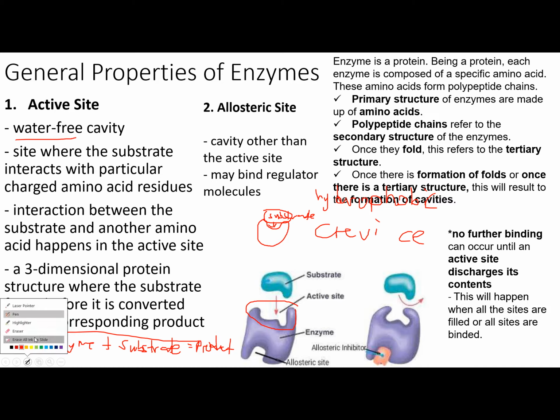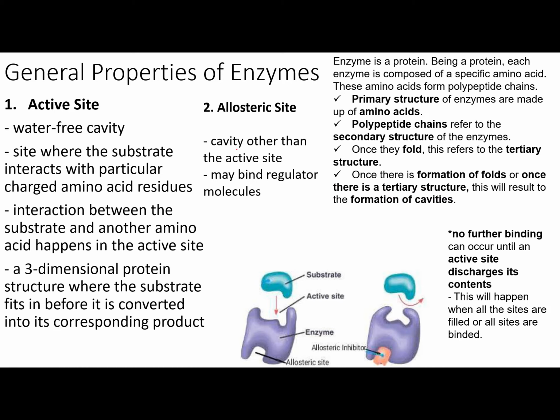Then the second property class is the allosteric site. Now, allosteric site is basically another cavity or another crevice other than the active site. So if in the picture, if this is the active site class, so let's say this is the active site.